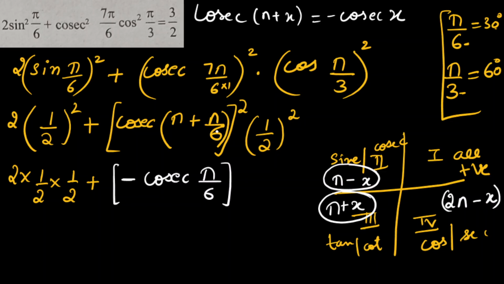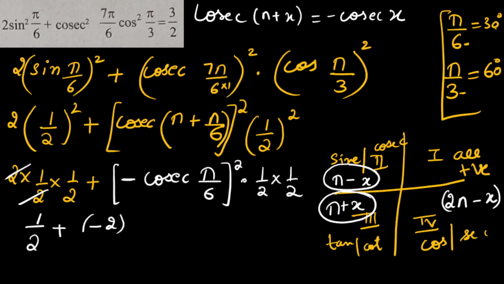So x is this angle pi by 6. 1 by 2 squared is 1 by 2 into 1 by 2. Now the 1 and 2 will get cancelled, so 1 by 2 plus, now this is cosecant 30. Cosecant 30's value is 2, and the minus is already there.